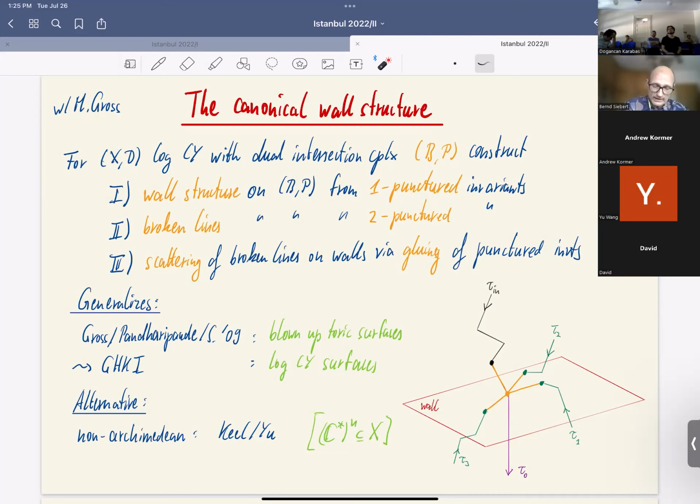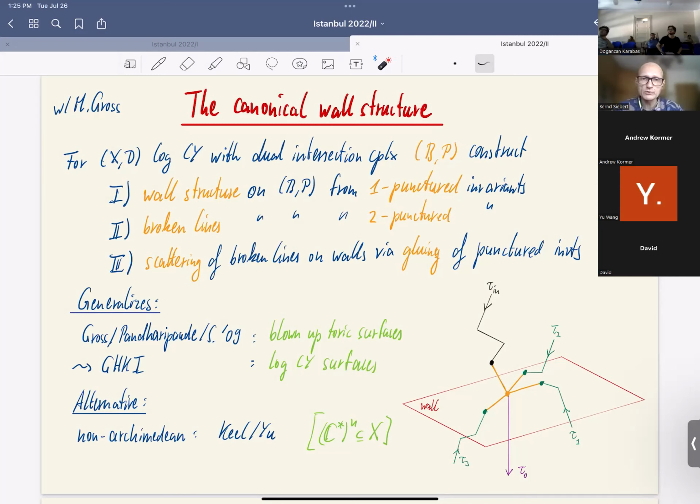And then the broken lines, these are the things that pass through walls. Yeah, so like in this picture, you have a wall, and then you have some kind of thing that passes through. This is a tau in, and then you bend by interacting with the functions on the wall. They can be obtained by two punctured invariants. And this scattering process, which is key in understanding why the enumerative things are the same as what you get from just doing algebra, has to do with gluing.